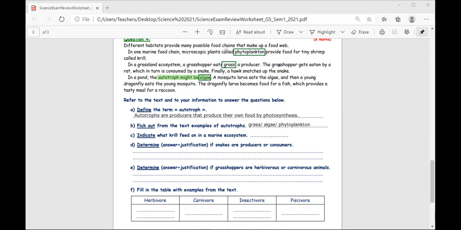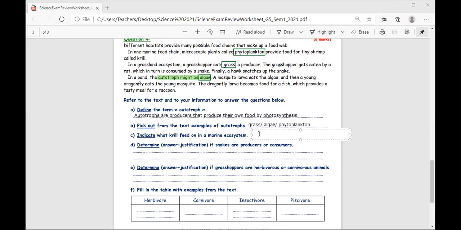What do krill feed on? Look in the chat. What do krill eat? Microscopic plants called phytoplankton.